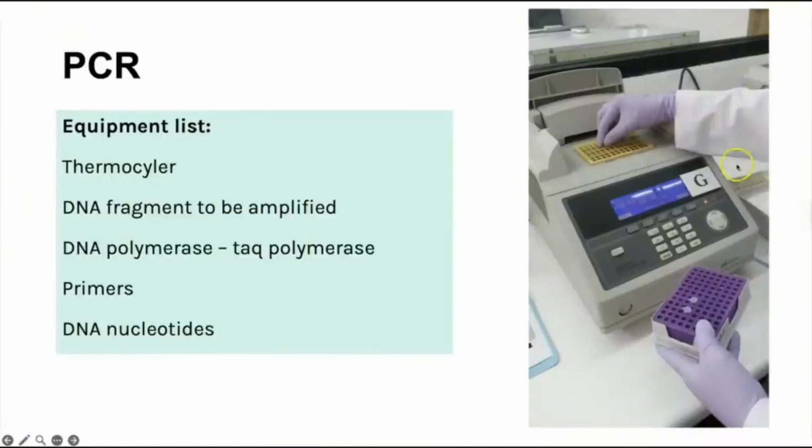So your PCR machine involves this thermocycler machine, and you would need to add your DNA fragment that you want to be amplified. You need to add the enzyme DNA polymerase, a particular type called Taq polymerase, primers, and DNA nucleotides. So Taq polymerase is a version of DNA polymerase that is taken from bacteria that are extremophiles, meaning they can survive in very, very high temperatures like hot springs.